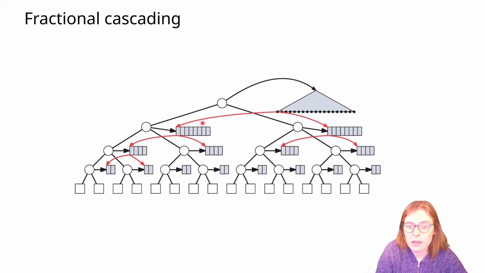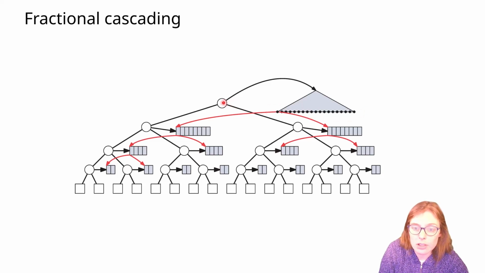We will create these pointers from previous level to the next level between these sets. Note that the list that is stored in the associated structure of a child of a node is a subset of all the points that are stored at the parent.